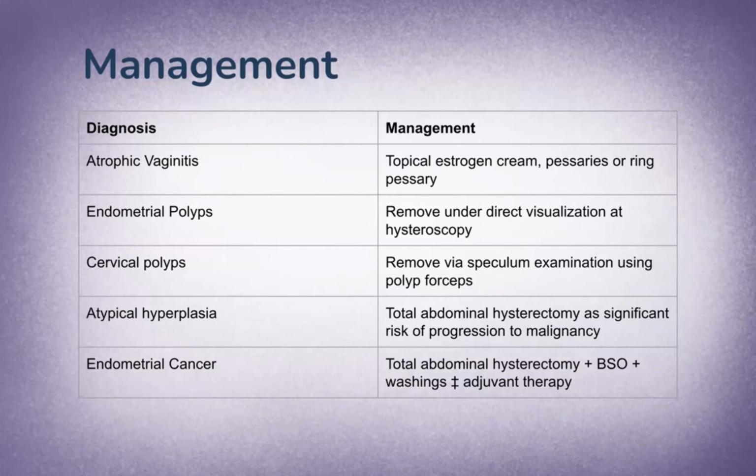And in terms of endometrial cancer, this is when you have a total abdominal hysterectomy, a bilateral salpingo-oophorectomy, as well as washings, and you can also have radiation as well. That would probably depend on the oncologist or the gyne-onc consultant about the staging. But I think for the exams, what's really high yield to know is that you would need to do a hysterectomy for both of the last two cases.